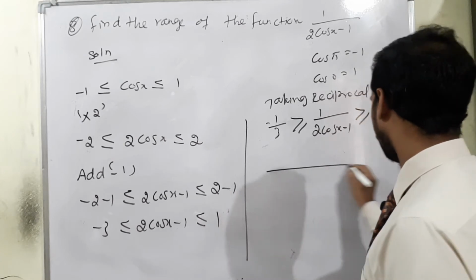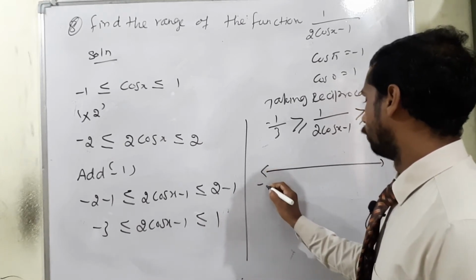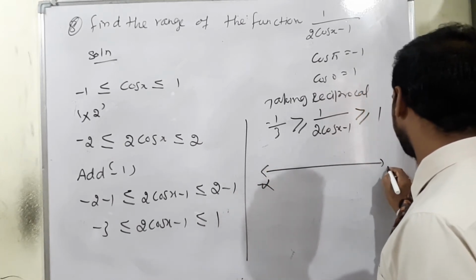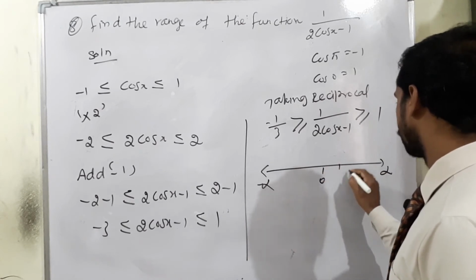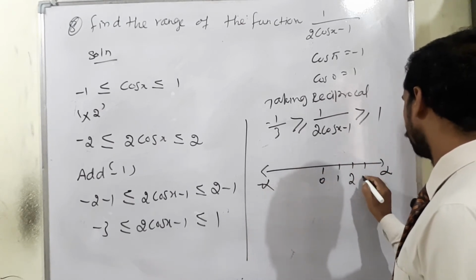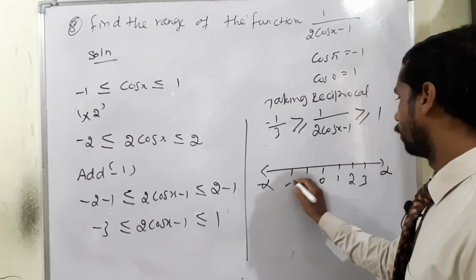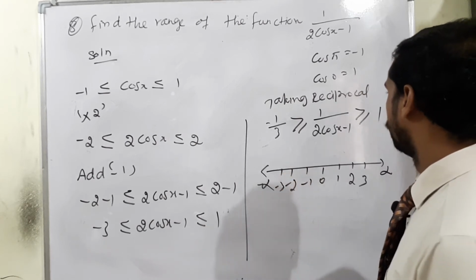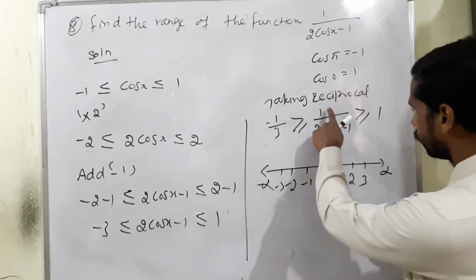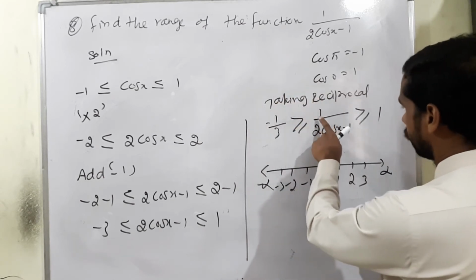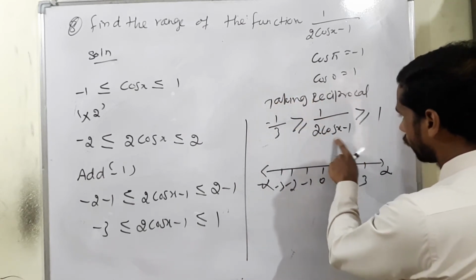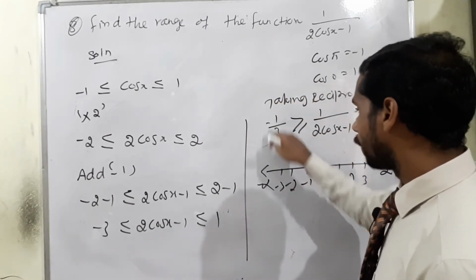Then take it on the number line. Minus infinity to positive infinity, center 0, 1, 2, 3 on the positive side, negative 1, negative 2 and negative 3. The condition: the range means the possible values, 1 by (2 cos x minus 1) greater than minus 1 by 3, isn't it?